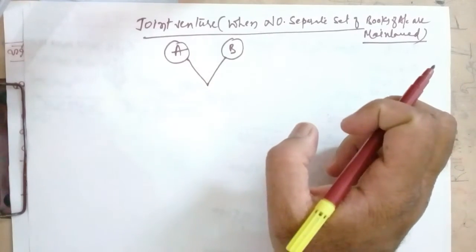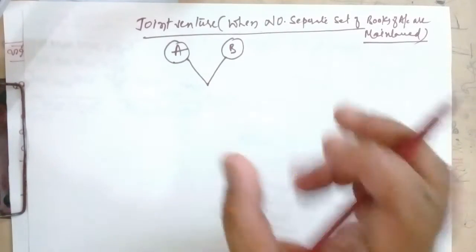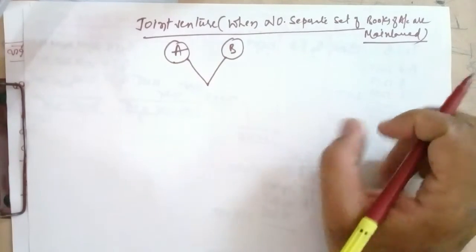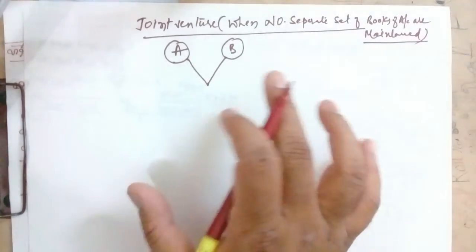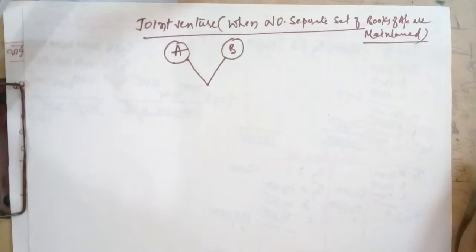Generally, in two situations: one, if the size of the joint venture is small, and two, if the co-venturers are residing in different geographical locations, it is not appropriate to maintain a separate set of books of accounts.